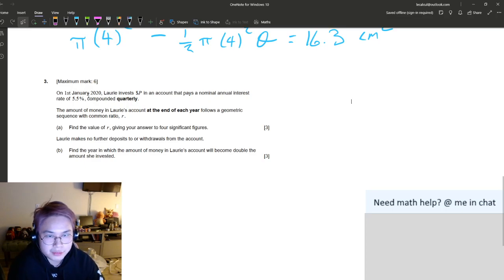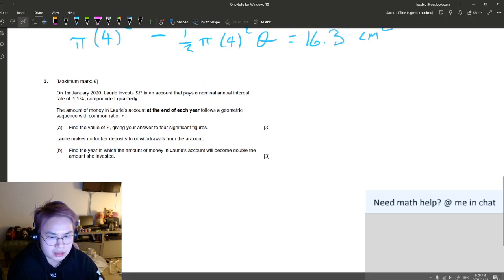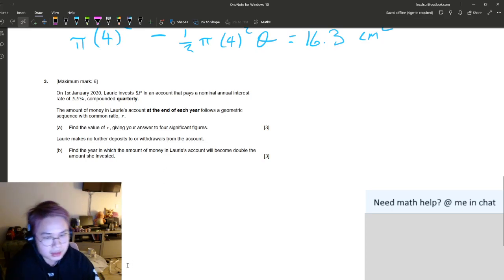Okay, January 1st. Lori is going to invest P amount of dollars, and it has an annual interest rate of 5.5. It's compounded quarterly. The amount of money in her account at the end of each year is a geometric sequence with a common ratio r. Find the value of r, give your answer to 4 significant figures. Okay, so this is a compound interest question.